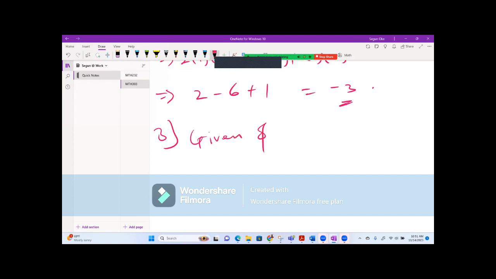Given phi equals 2x cubed y squared z raised to power 4.